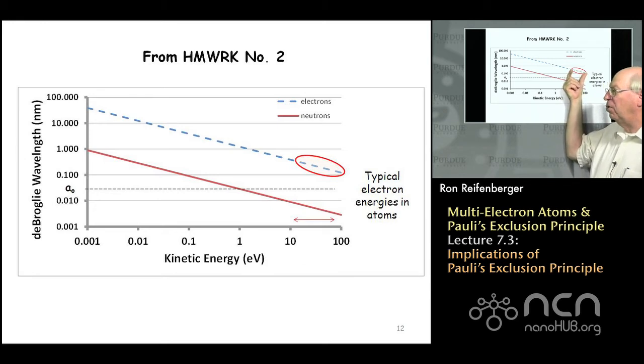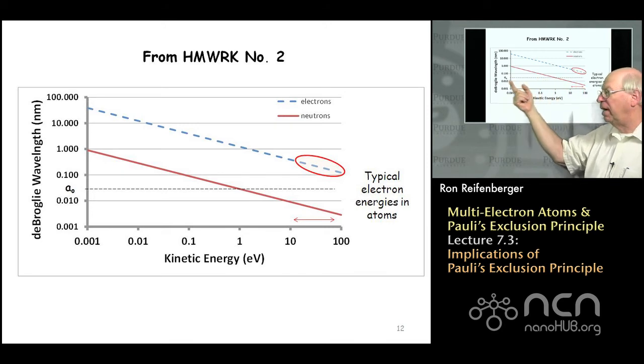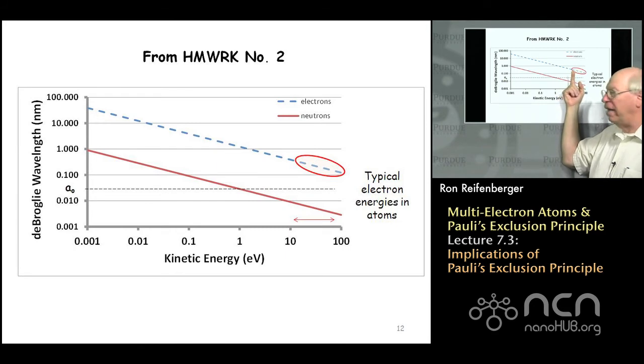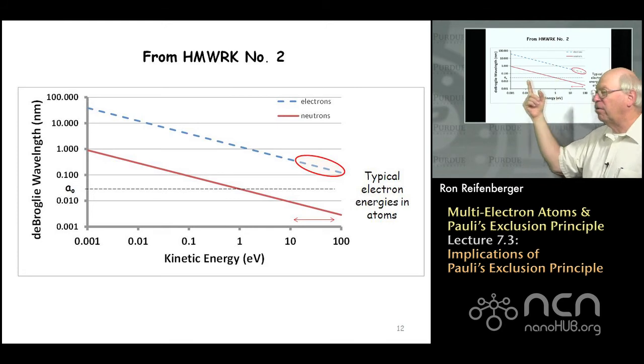That means that the de Broglie wavelength of an electron is on the order of 0.5 to 1 nanometer. But when you confine the electrons to atoms, they typically have radii of orbits that are given by this Bohr radius A0. So the de Broglie wavelength of these electrons tends to be on the order of 100 times bigger than the Bohr radius of an electron in a hydrogen atom.